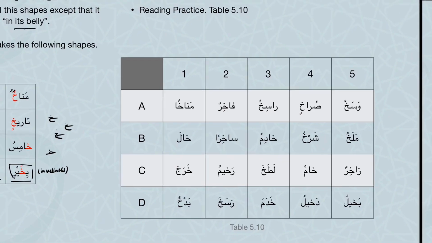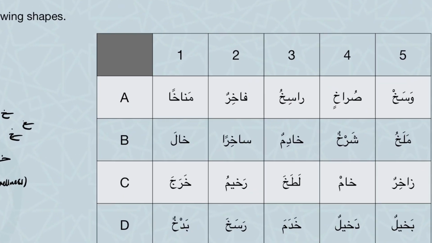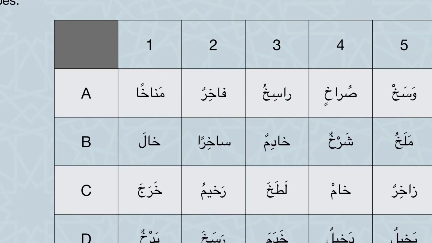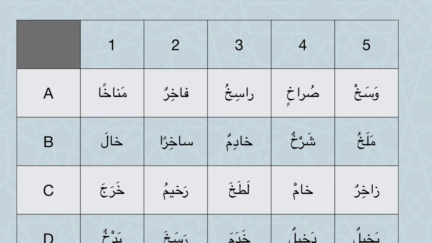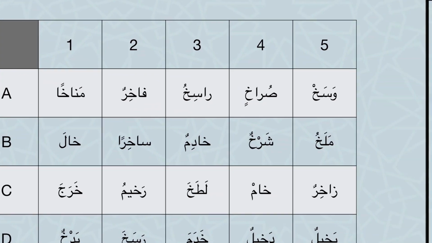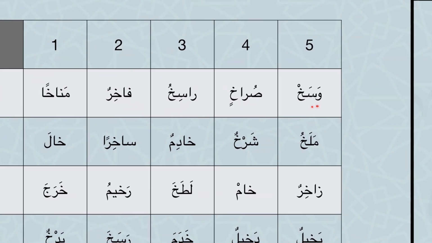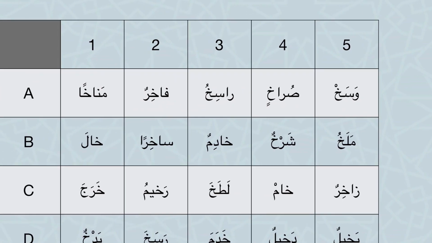Row A, please. مناخا. Perfect. ممتاز. صراخ. ممتاز. وسخ. ممتاز. Very good. Perfect. Thank you very much, Luna.